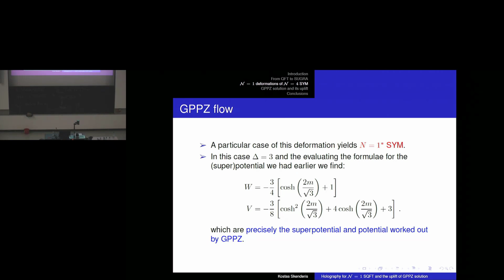Plugging into the formulas I gave you earlier, this is the superpotential and the potential. And that's precisely the superpotential and the potential which was worked out by heroic effort by GPPZ 20 years ago. Actually, we repeated that computation, and it took a month to get to this formula. Well, here you get them in a few minutes.